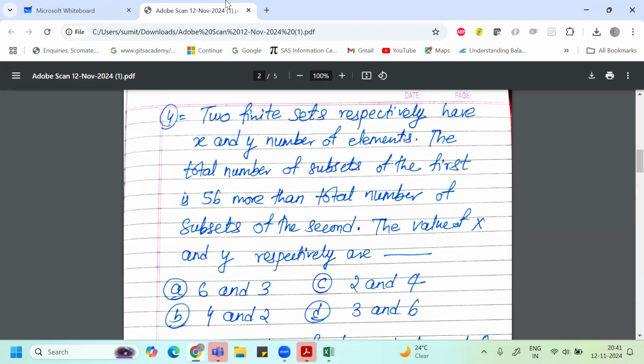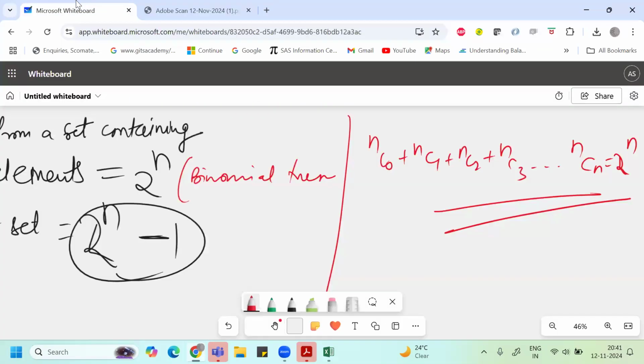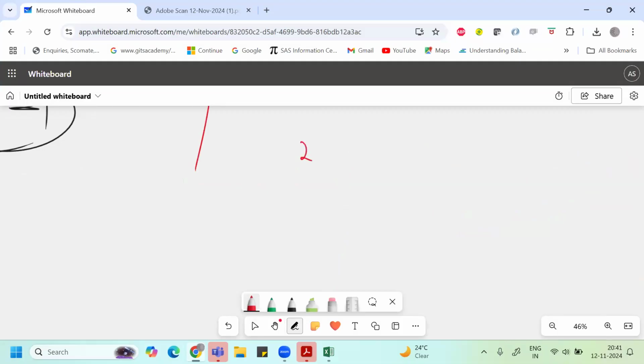2 to the power 2 minus 2 to the power 4. Is it 56? 2 to the power 4 minus 2 to the power 2. Or 2 to the power 3 minus 2 to the power 6. Is it 56? What exactly are they expecting you to do? 2 to the power x is equal to 2 to the power y plus 56.